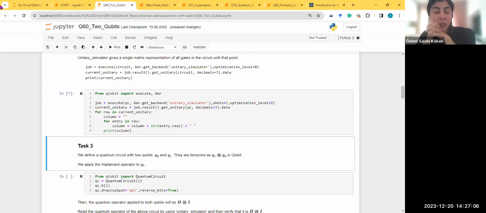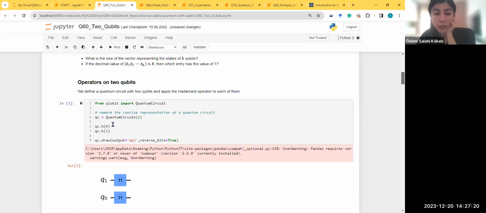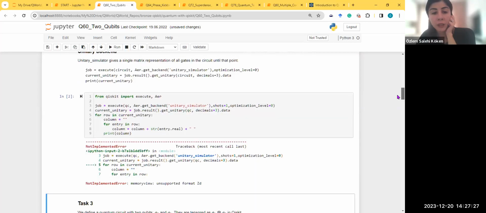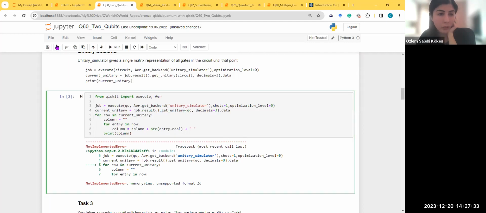Now let's check. And since we have applied two Hadamards here on this quantum circuit, when we run the unitary, I don't know what's the problem, but I can try printing current unitary.